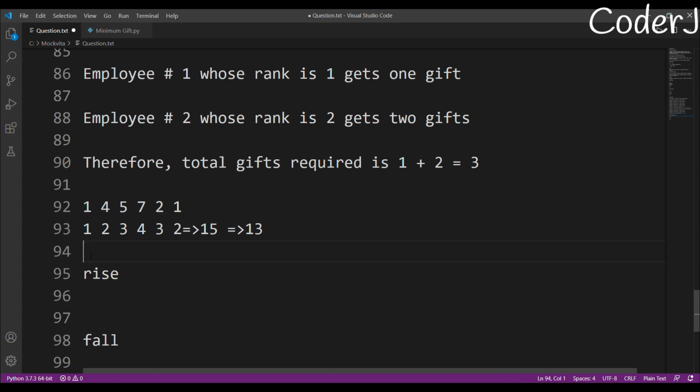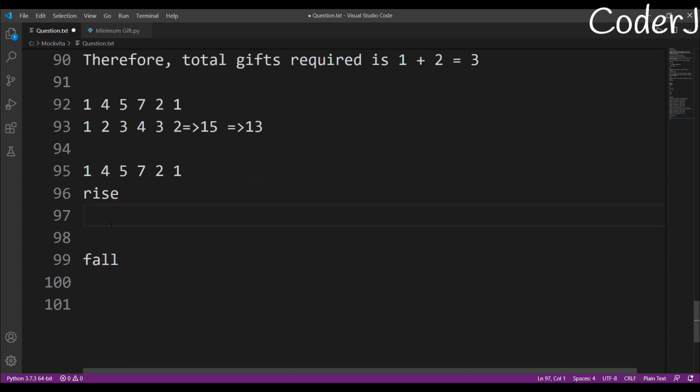These were our ranks. Okay, so how do I solve the rise part? I just say one thing. Start from the first element, compare its value with its previous element, and if it is greater, then increase the value by 1. Since it's rise, I am only checking for the increasing order. If my current element is smaller than my previous element, I don't do anything.